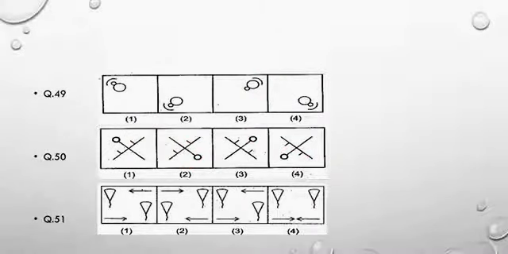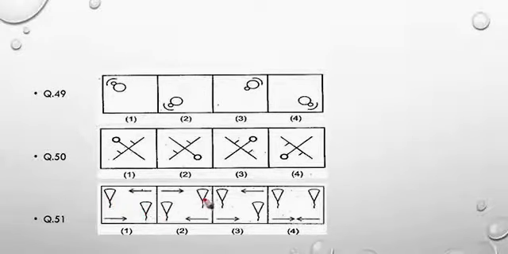Let's go to question number 51. In question number 51, there are 4 options given. In each of the options, there are 4 figures. There are 2 arrows and there are 2 balloon-like designs.